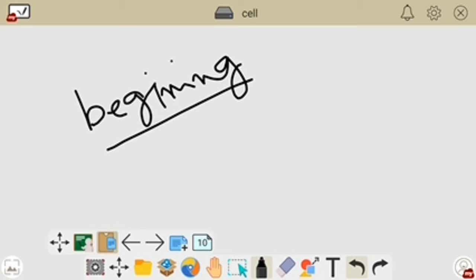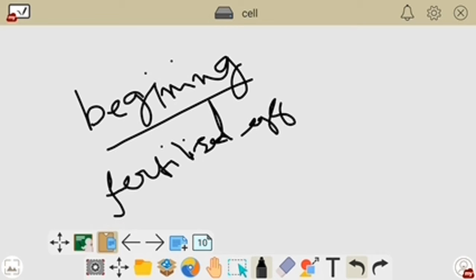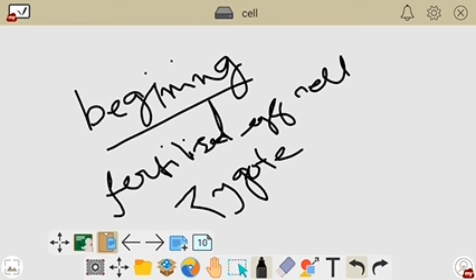This cell is named the fertilized egg cell, or you can say the zygote. This is the beginning cell of any life.